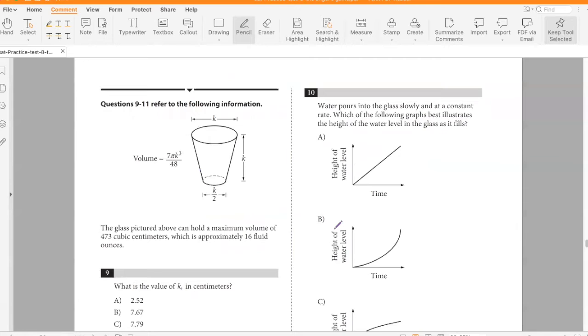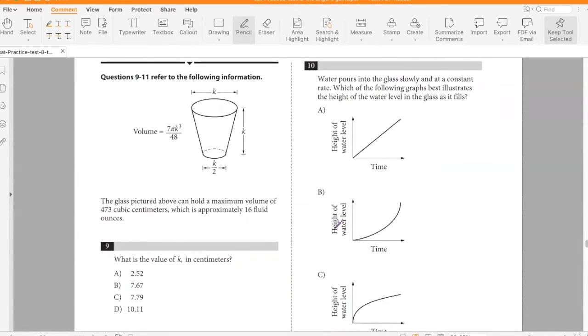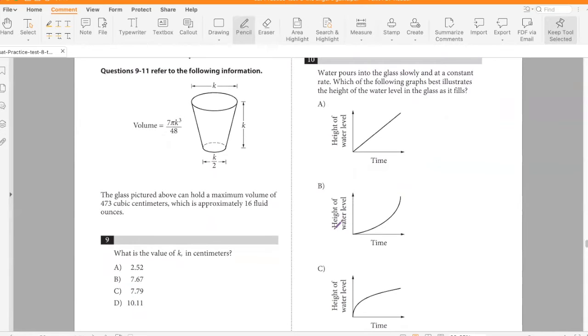The glass pictured above can hold a maximum volume of 473 cubic centimeters, which is approximately 16 fluid ounces. What is the value of K in centimeters? Okay, so the maximum volume is 473.